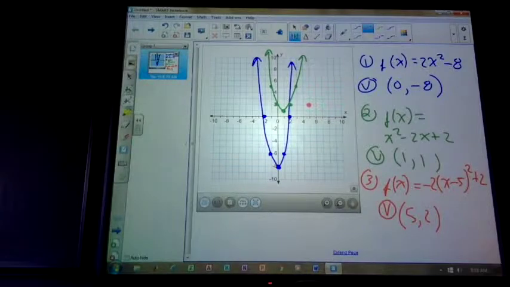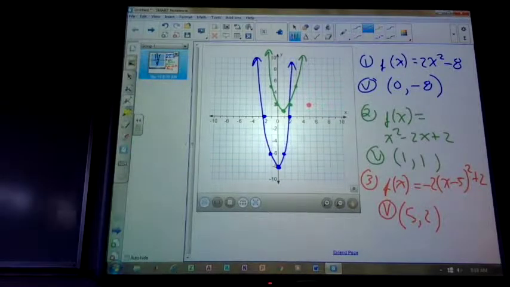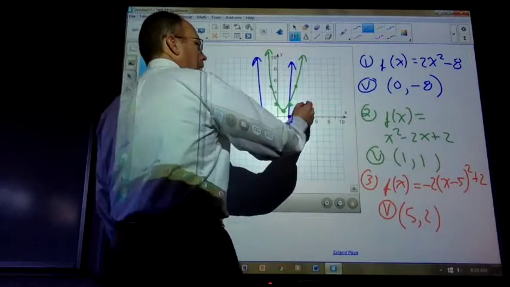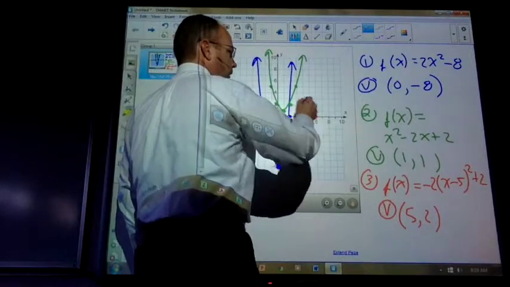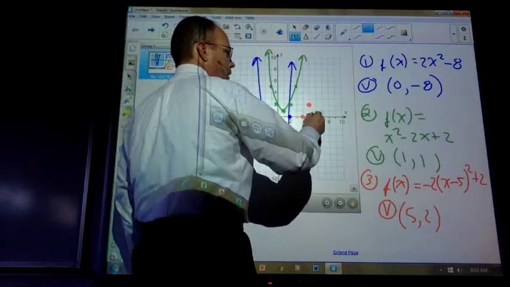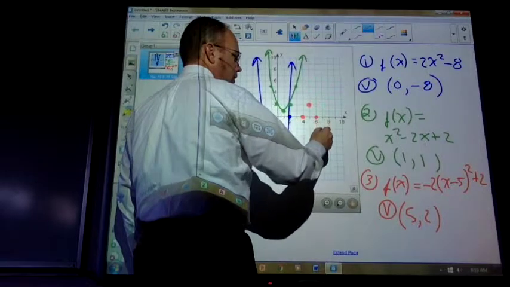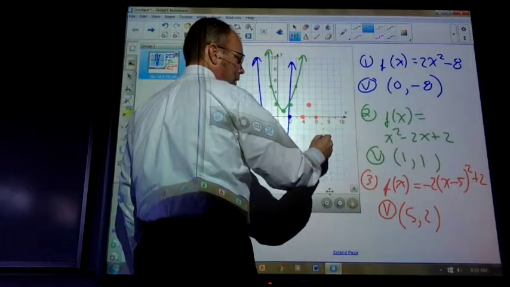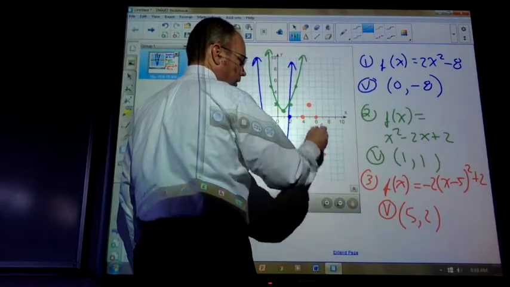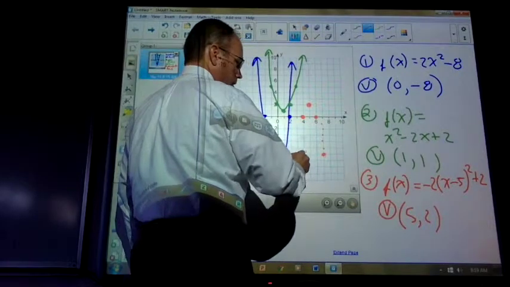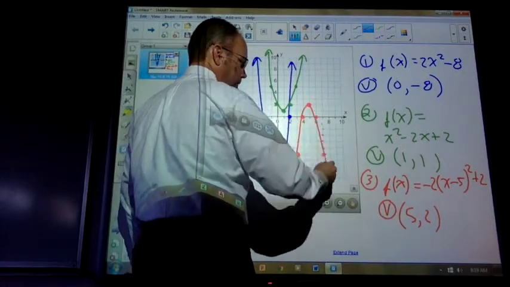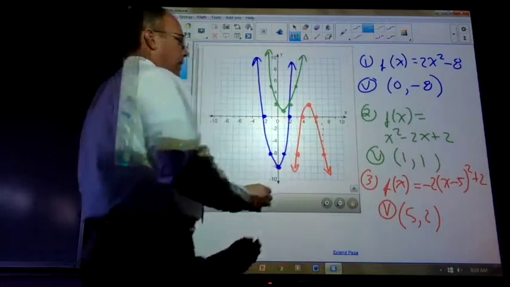The negative 2 out in the very front means it's going to go downward, and it's not going to grow at 1, 3, 5, it's going to grow at, there you go, negative 2. So I'm going to go right 1 down 2, left 1 down 2, and then I'll go right 1 down 6, 5, 6, left 1 down 6. That's what that graph looks like.